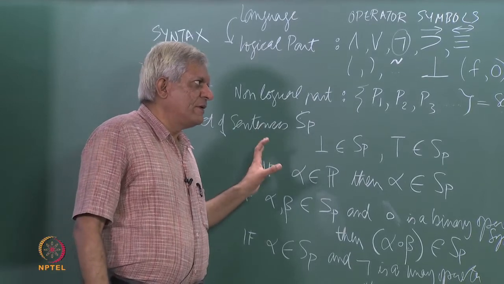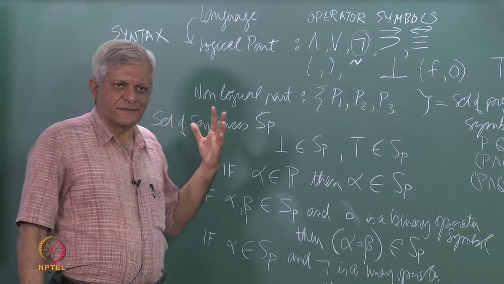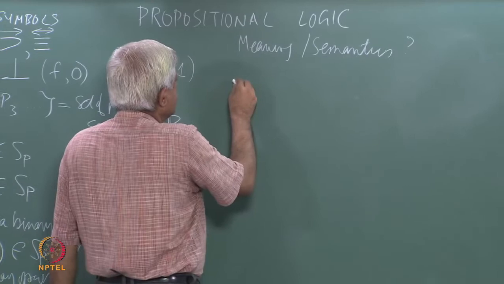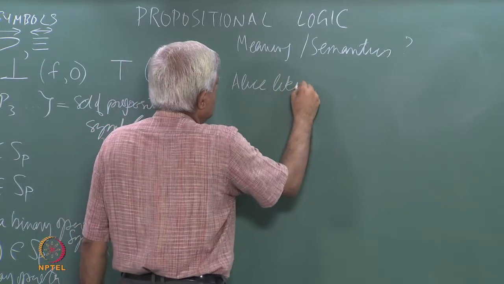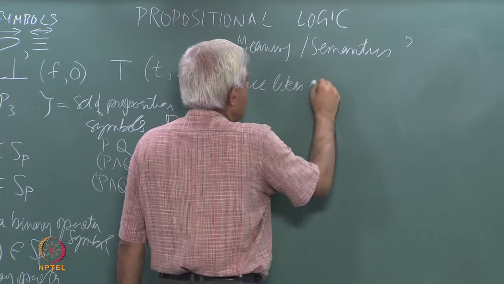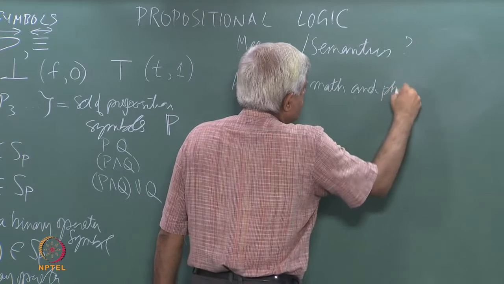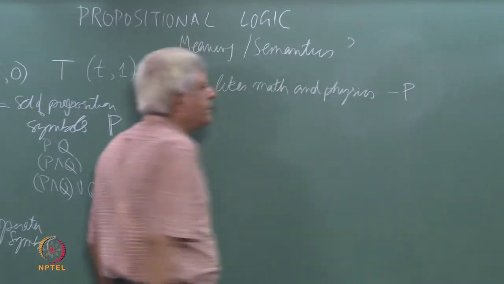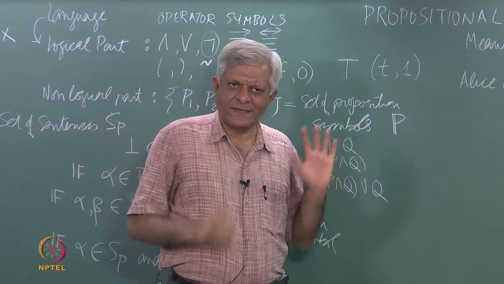So, the meaning is given by us essentially. So, I can say that if I have a set of sentences like Alice likes math and physics, and I call this sentence P, that is only for my own sake essentially.